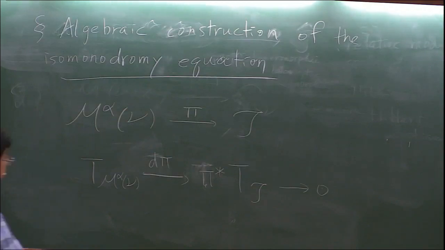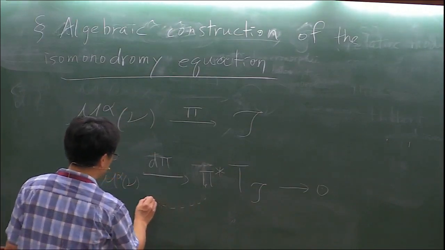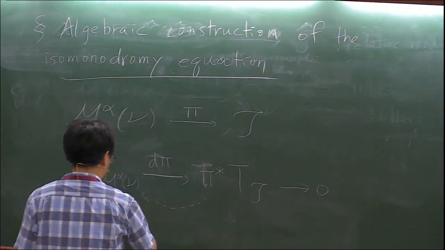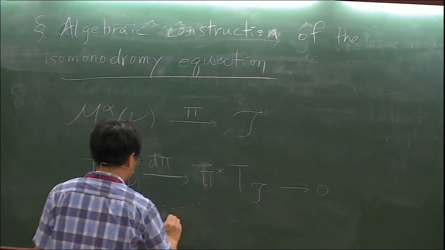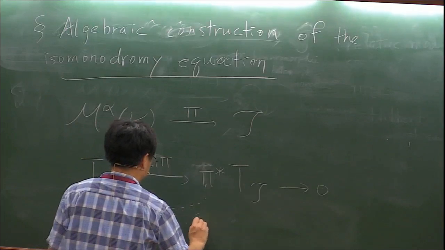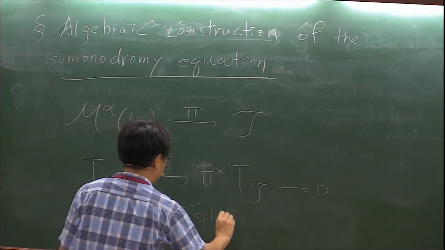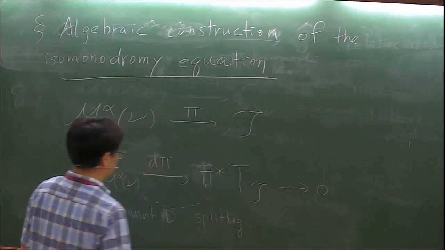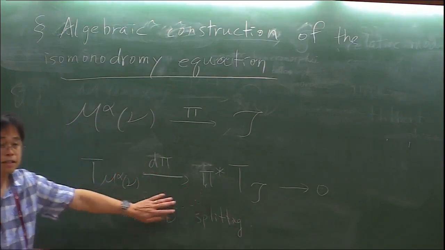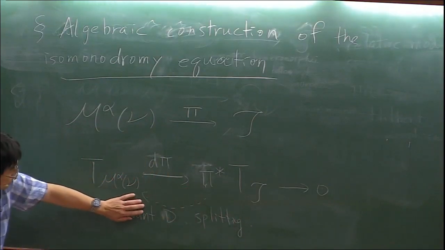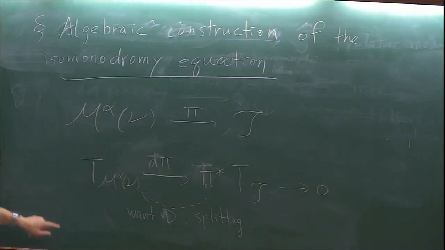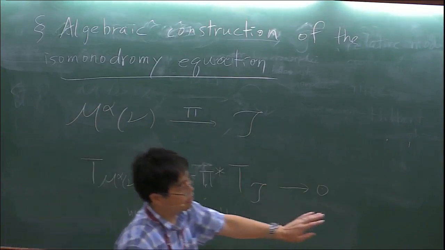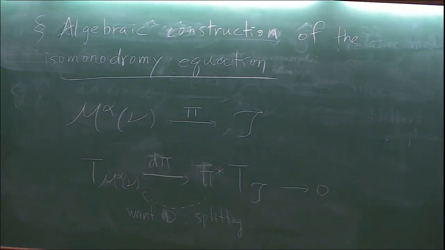And we want to construct a splitting of this surjection such that the image is a subbundle of the tangent bundle satisfying the integrability condition and giving the isomonodromic foliation.